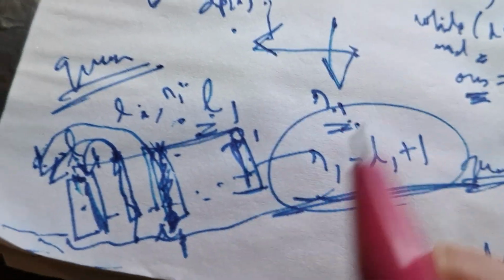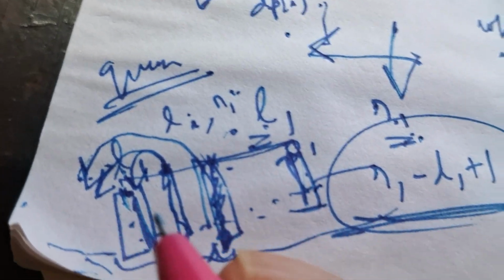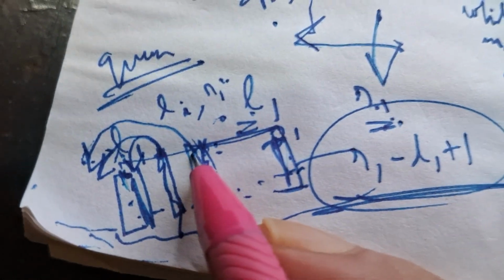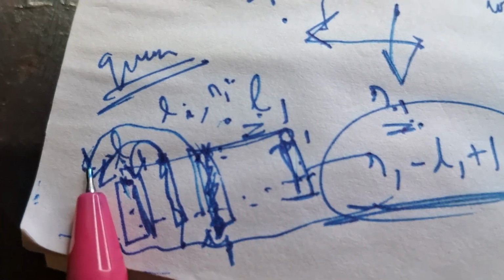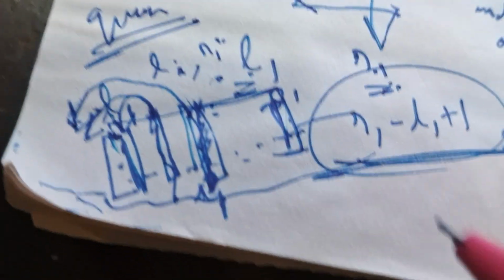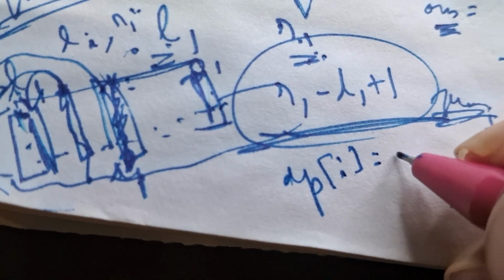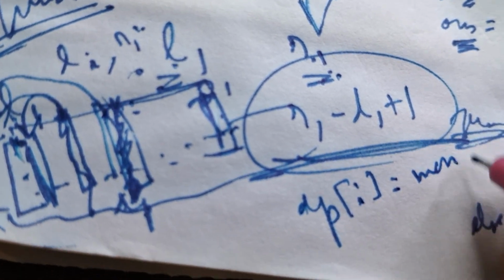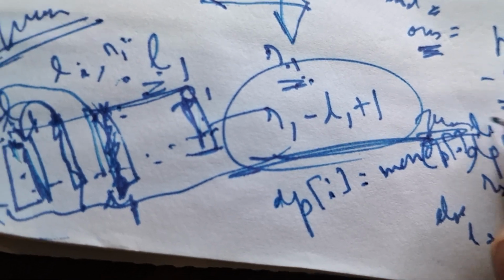So once you're done with this, you can store the sum of all of them using the constant that if any element has its value towards the left of that, you can take it till L1. So that is dp of I is maximum of dp of I comma li.